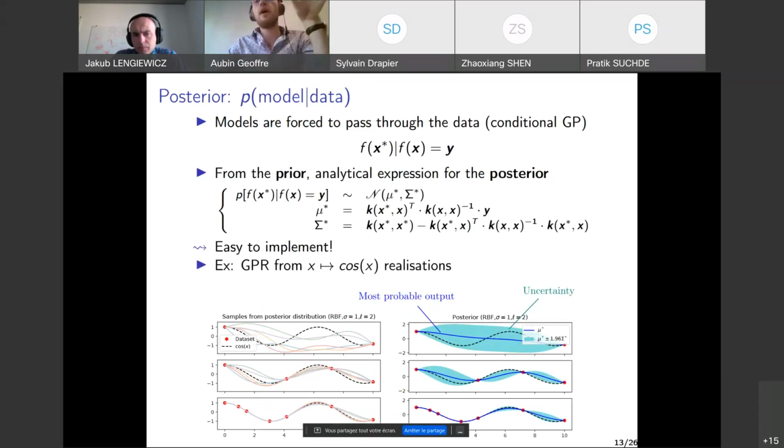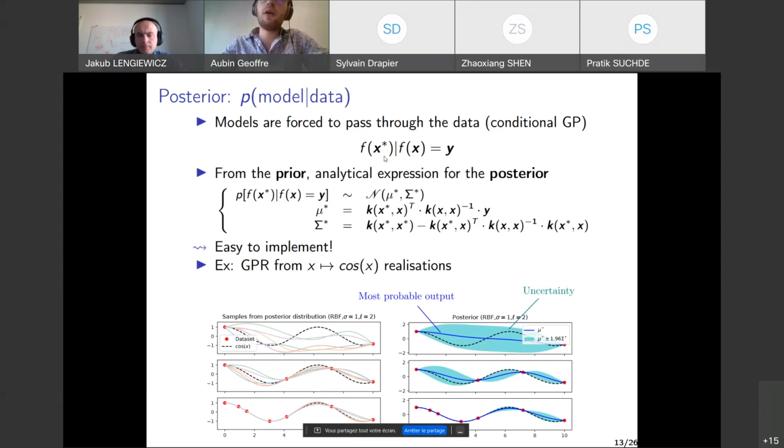Until now, we have only considered the models without the data. Now we will incorporate the data into the strategy, and we will try to assess the posterior distribution, so the model knowing the data. We are forcing the models to pass through all the data. It's what we call a conditional Gaussian process.